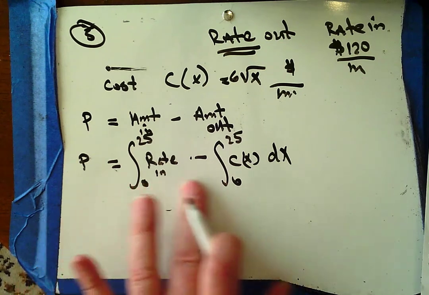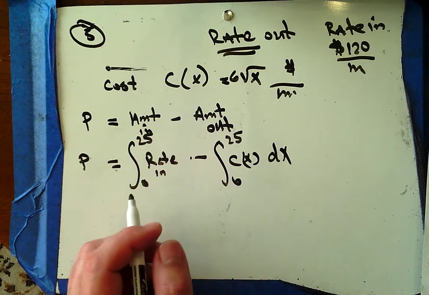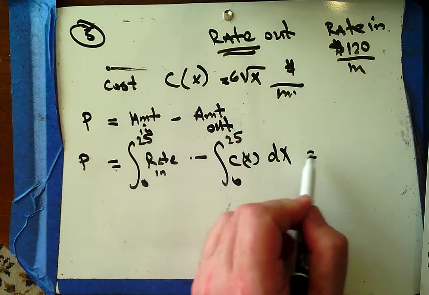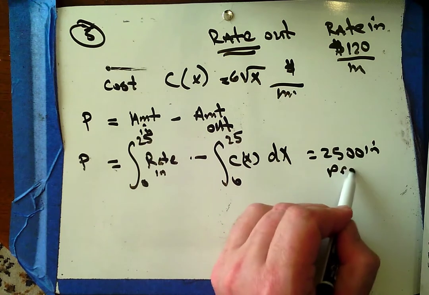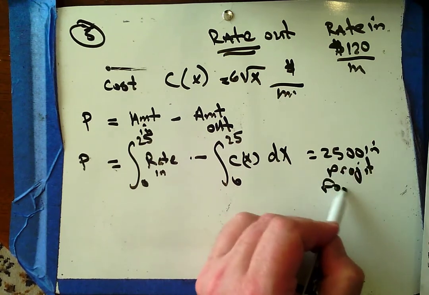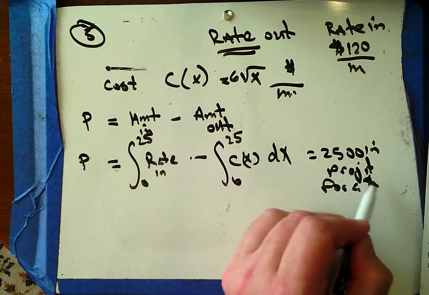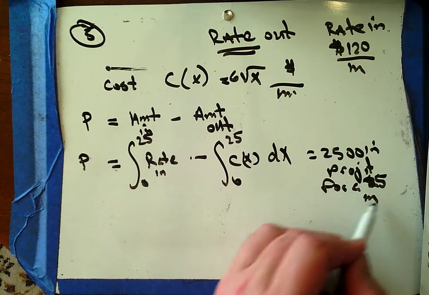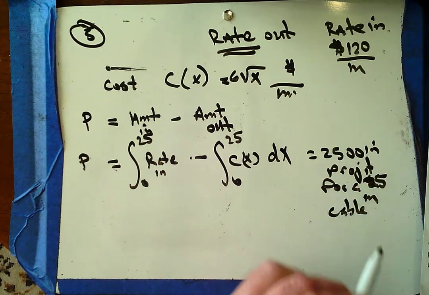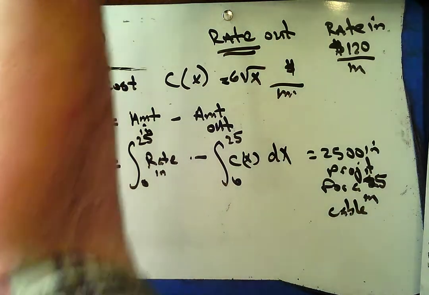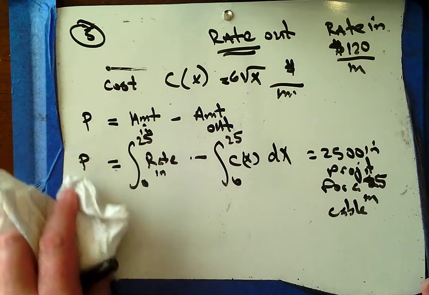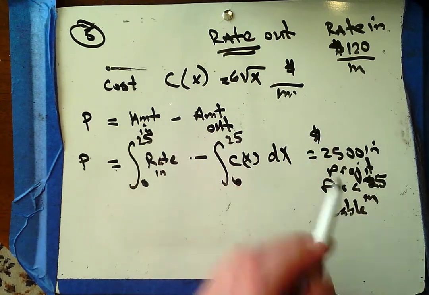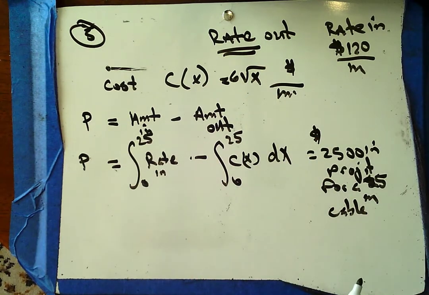I'm just going to save my time and go to my calculator and punch this in, and I'm going to get $2,500 in profit for a 25-meter cable. And if you think that's a lot of money, try and make your own 25-meter cable and see how much time and effort that costs you. I won't begrudge them $2,500 in profit for making me a cable that's more than 75 feet long.